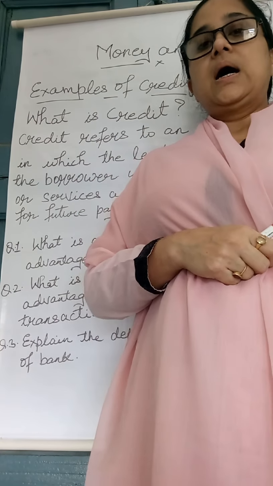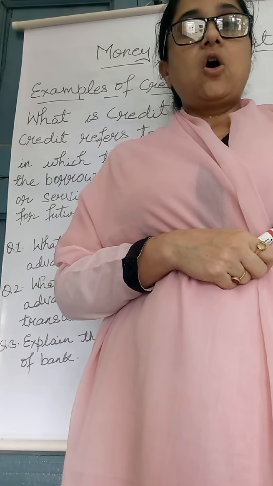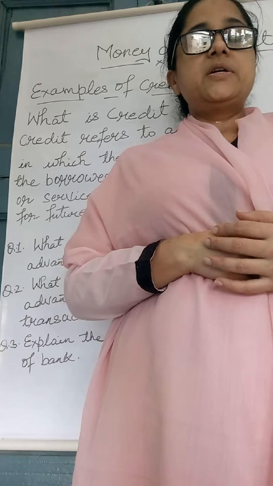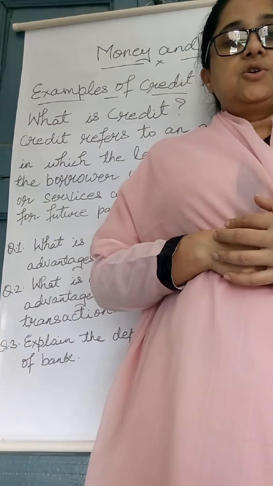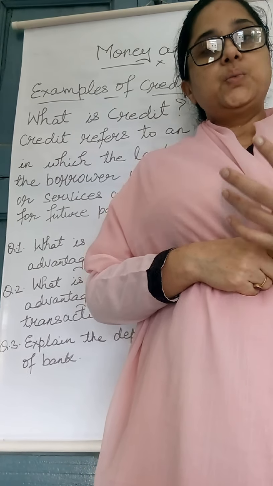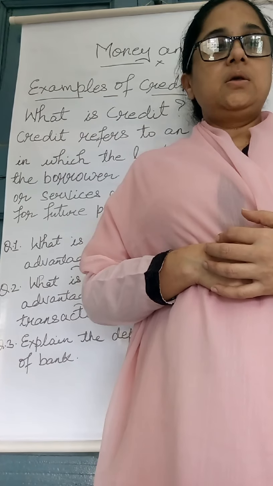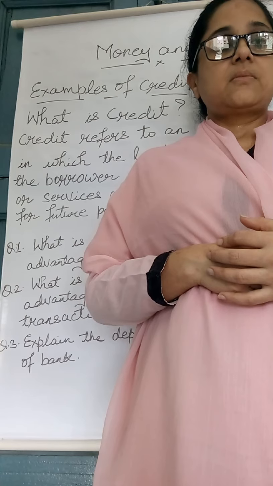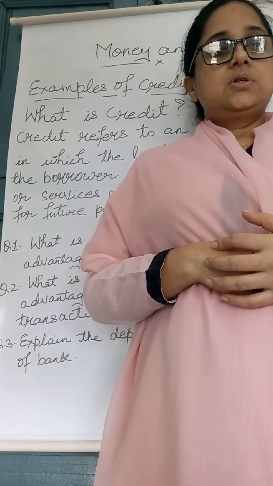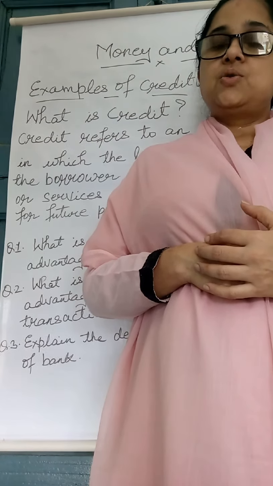Now Mohanlal has to increase the production of ready-made garments. For this, he has to hire extra workers and purchase more cloth and other materials. He does not possess cash with him to meet these expenses.